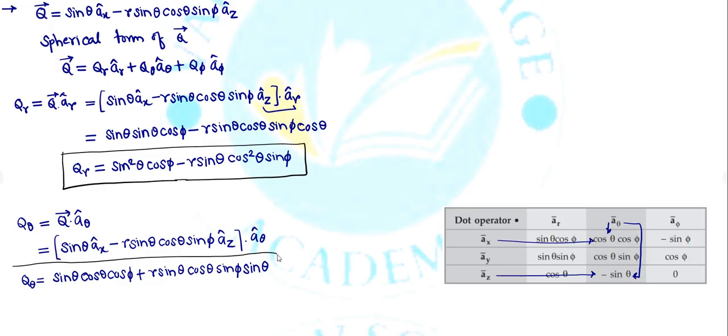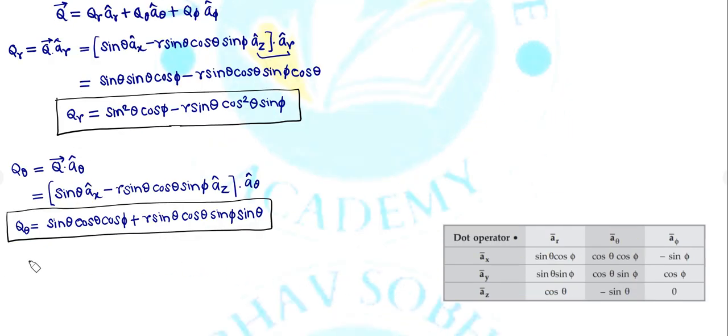Now in a similar way we are going to find out the value for Q phi by making use of this reference table. Q phi will be your given vector Q having the dot product with the unit vector along phi direction.